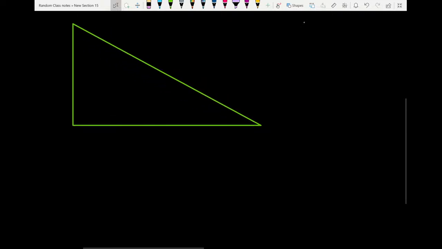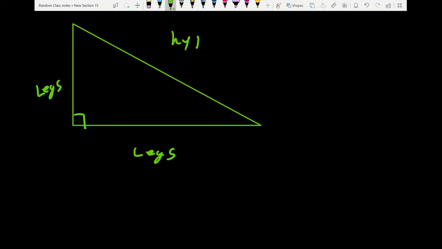For this type of right triangle, you have the hypotenuse, and these are the legs. I'm sorry, that's the right angle, and this is the hypotenuse.